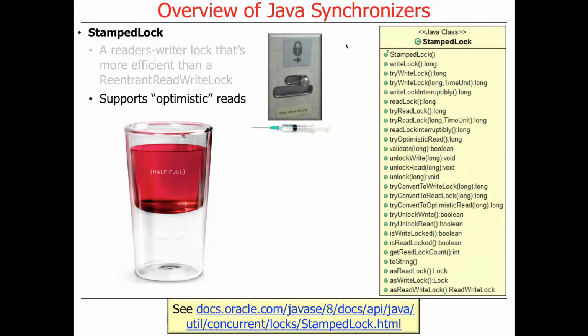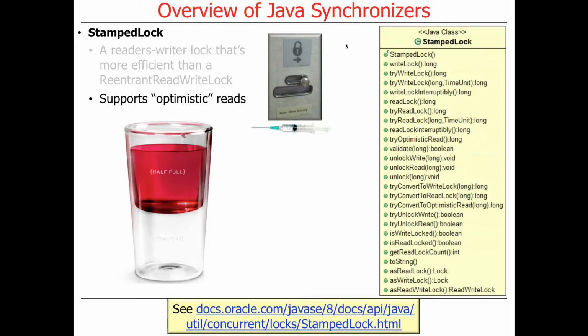An optimistic read basically says, if nobody writes to the resource that's being protected by the lock while you're reading, then there's no locking overhead at all. There's zero overhead for acquiring the lock. It's only if somebody writes to the resource that you have to pay the cost of a real lock mechanism.